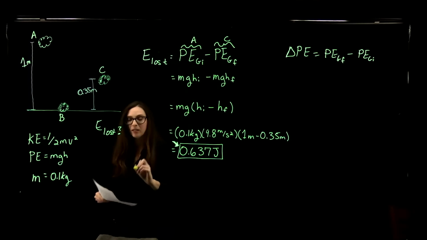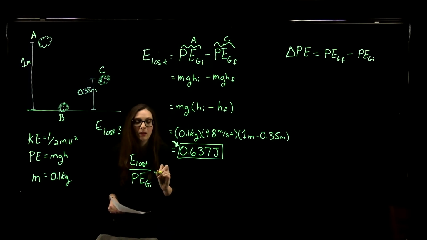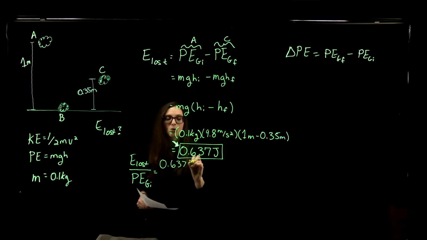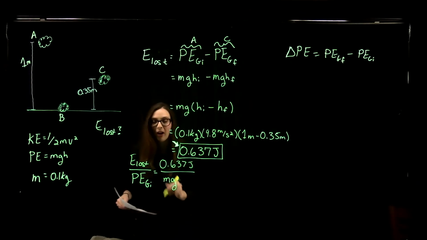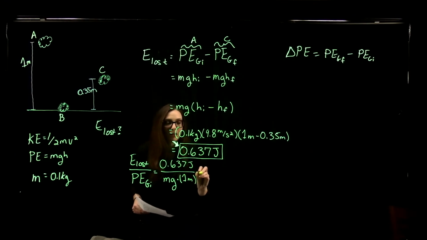Let's take the energy that we lost and divide it by our initial gravitational potential energy. So we lost 0.637 joules. On the bottom, we've got our initial gravitational potential energy, which is our mass times gravity times the height we started from, which was 1 meter.